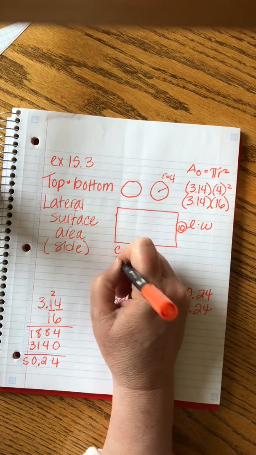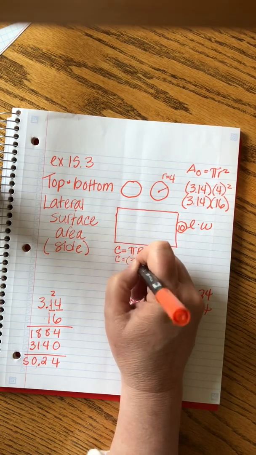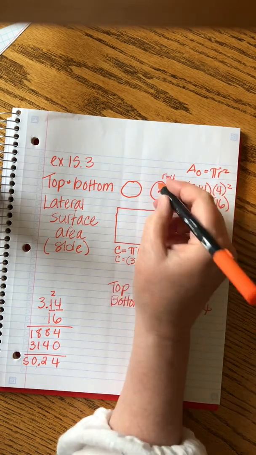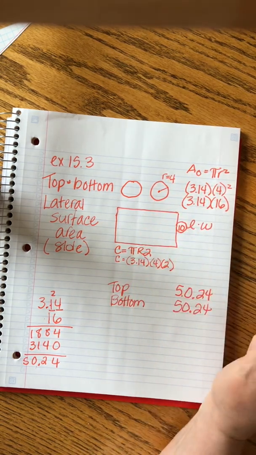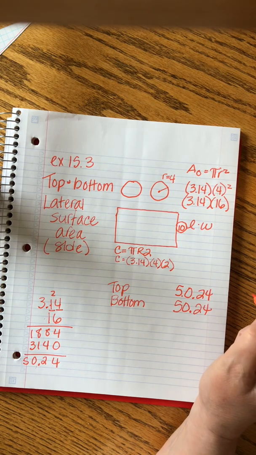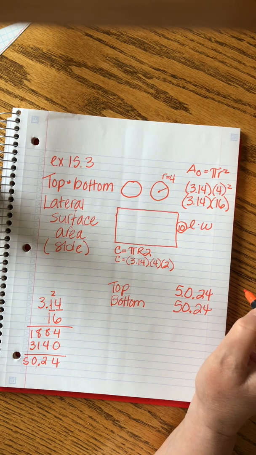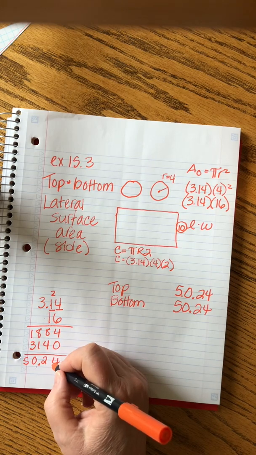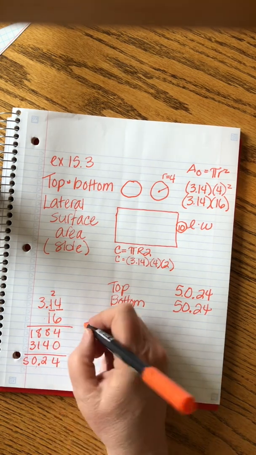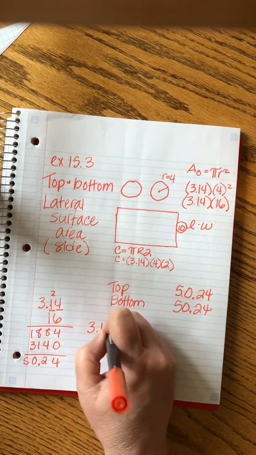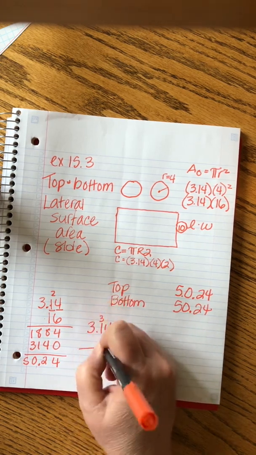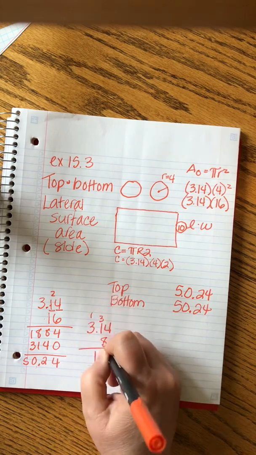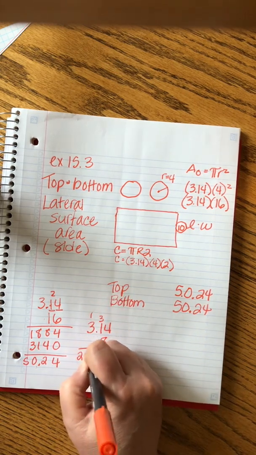All right, so we want this to be 3.14 times our radius, which is 4, times 2, because that's just how the formula works. That will be half of this number, because it's half of that. Let's just multiply it though, so you can see. 1, 8, 32, 11, 24, 25. Do you see?